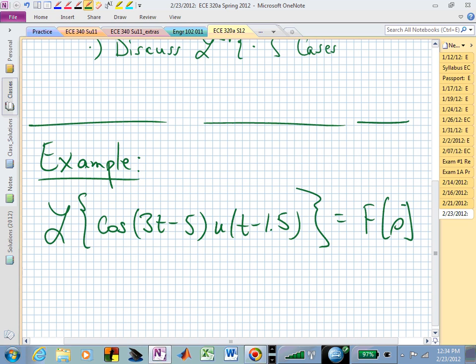You want to rewrite the argument of your cosine waveform so that you can factor out explicitly that same amount of delay, t − 1.5.